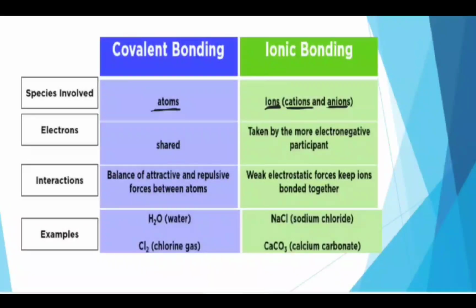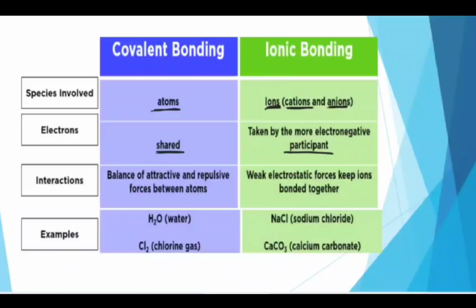Coming next to the electrons, in covalent bonds, electrons are shared, whereas in ionic bonds, they are taken by more electronegative participants. So basically, charges are exchanged. Negative charges are given and taken.